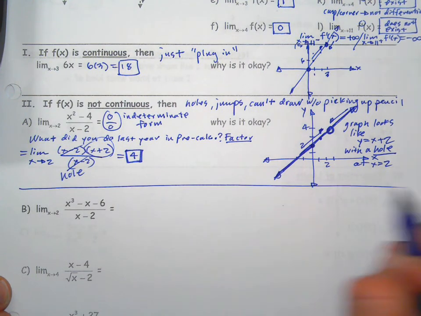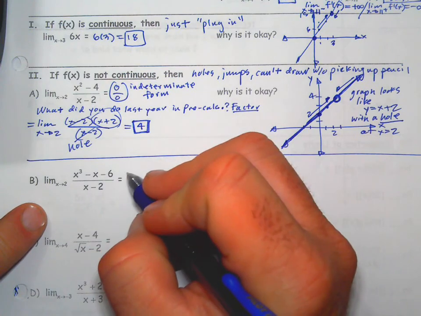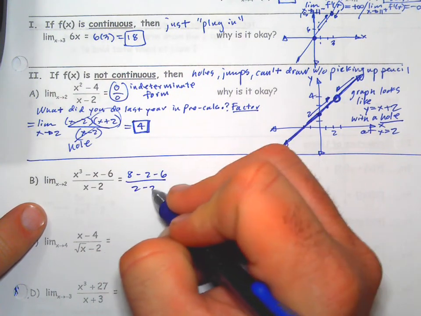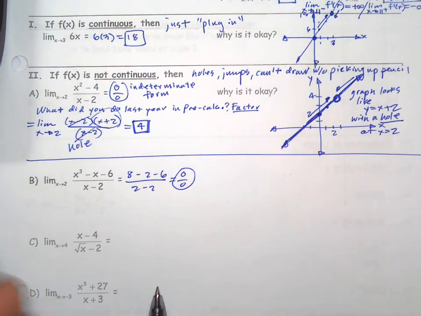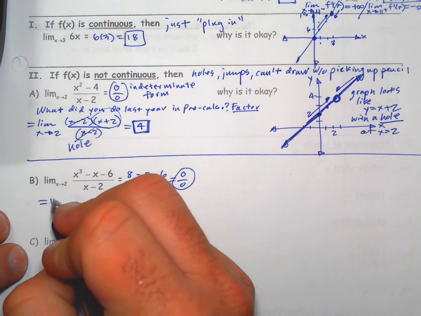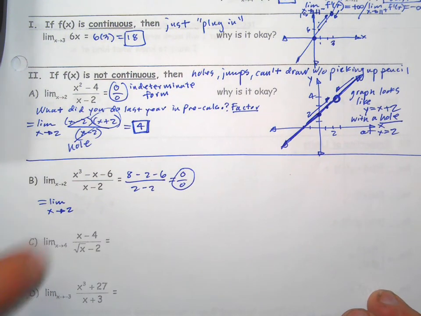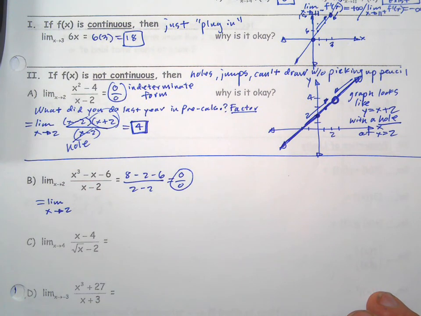So here's another example. If we plug 2 in here, we get 8 minus 2 minus 6 over 2 minus 2. And that's 6 minus 6 is 0 over 0. Oh, indeterminate form, right? Maybe there's a hole in the graph. Now we would want to divide it out. Now this is a cubic, so we can't factor that with our normal techniques. We need to use synthetic division.